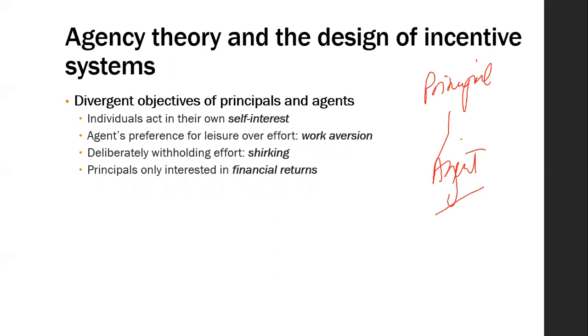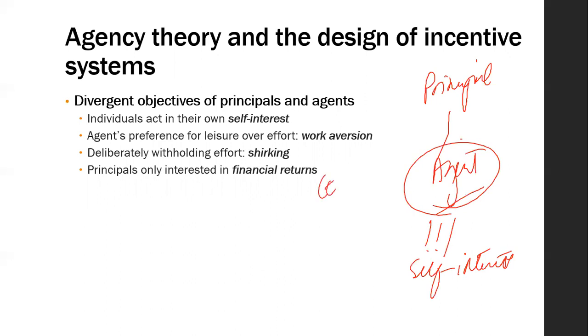So for agents, individuals act in their own self-interest. Okay? So, yung agent, iba-iba yung self-interest nila. Agent meaning employees or managers in an organization. Marami sila eh. Right? And each one has their own self-interest and different ways of making them happy.